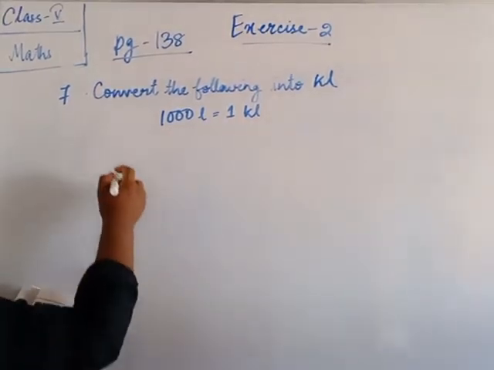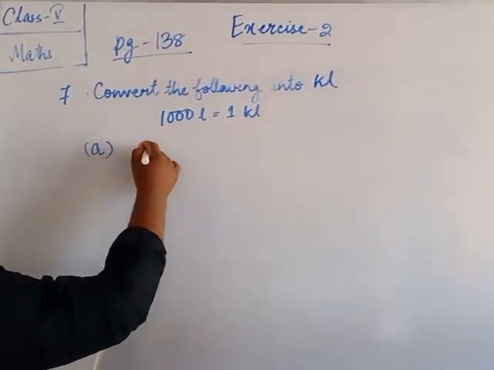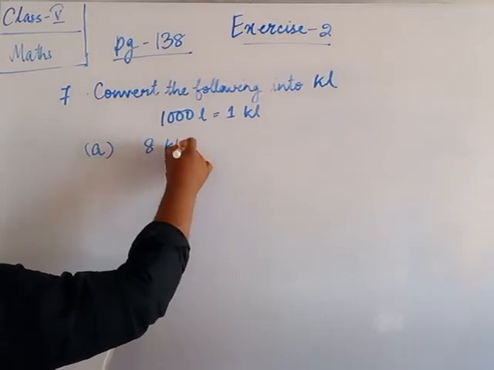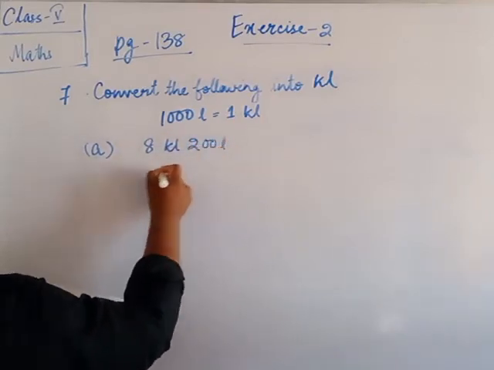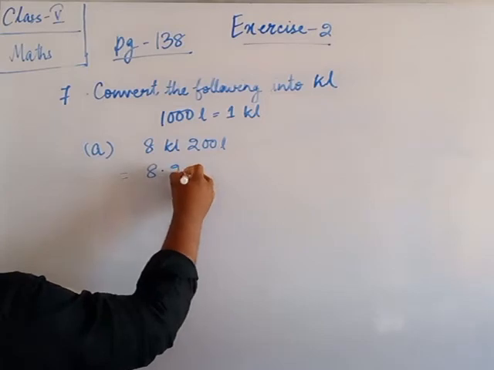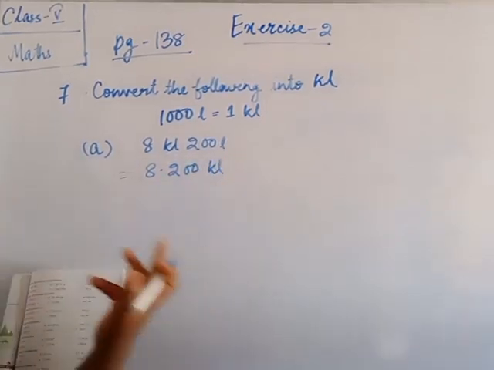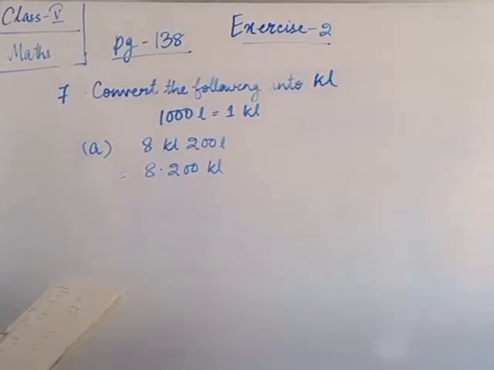Applying this, we see A number, 8 kiloliter 200 liter. Very simple, 8.200 kiloliter, just like the previous one, same.